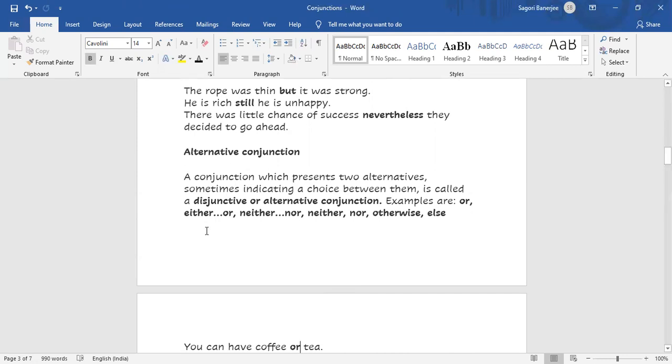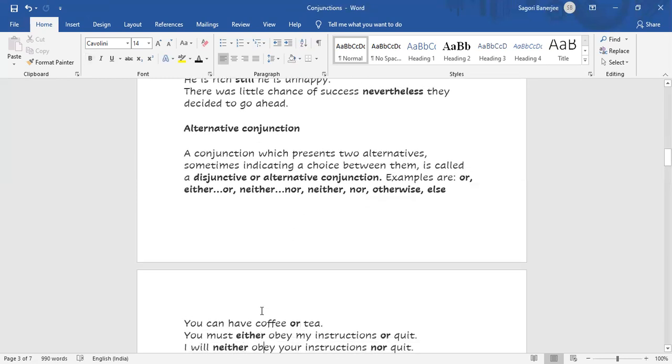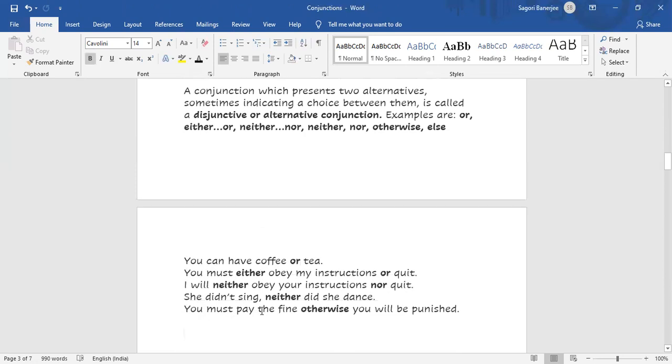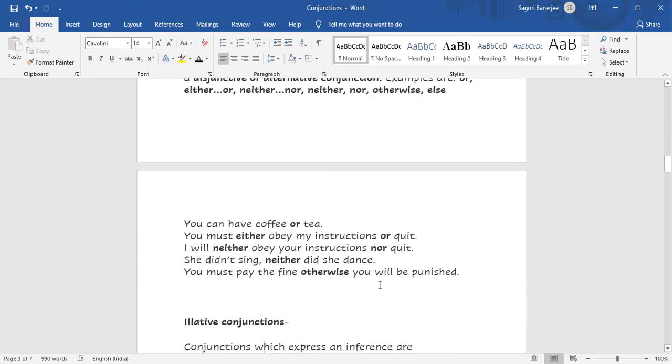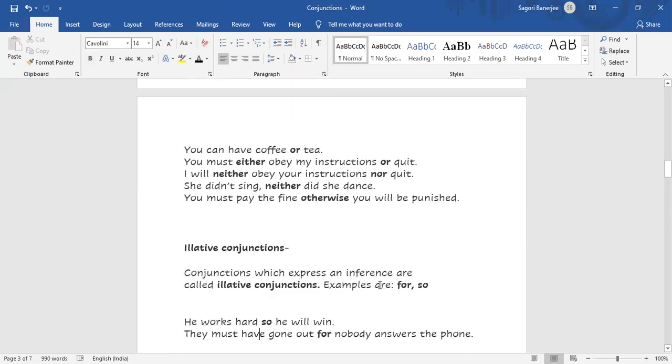That is called alternative conjunction, where it is showing the choice between them. Okay. So see the examples. You can have coffee or tea. You must either obey my instruction or quit. I will neither obey your instructions nor quit. So it's showing choice.